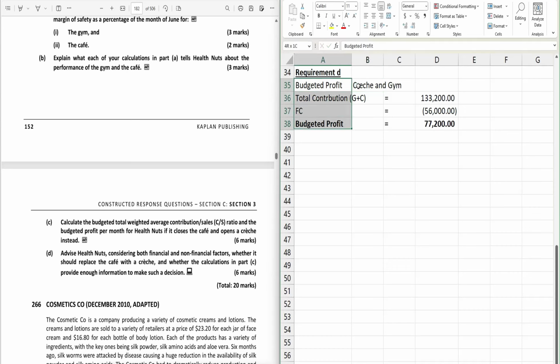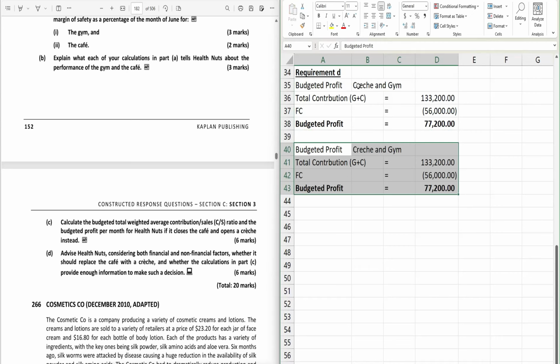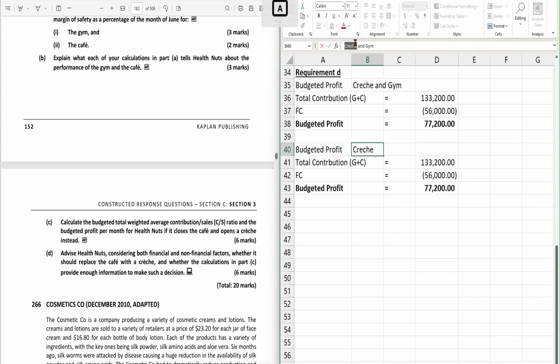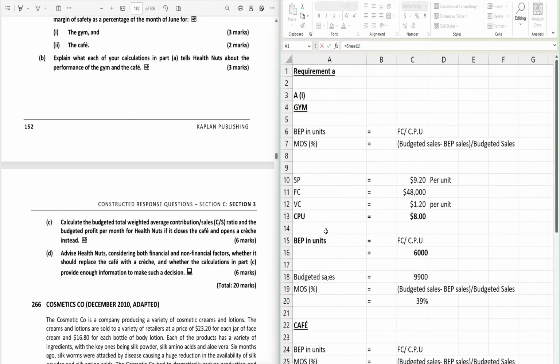And if we talk about the gym and the cafe, what would be the profit? So what is the total contribution for the cafe and the gym? We have, I think, done the calculation in part A. So contribution per unit is here. Let me add the bracket.